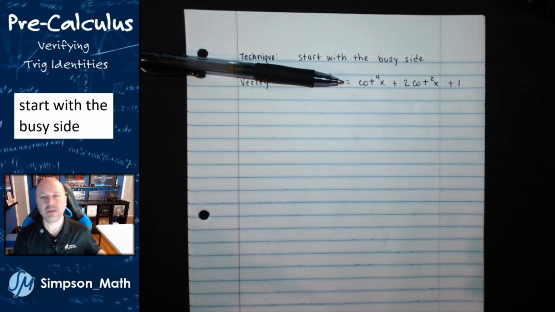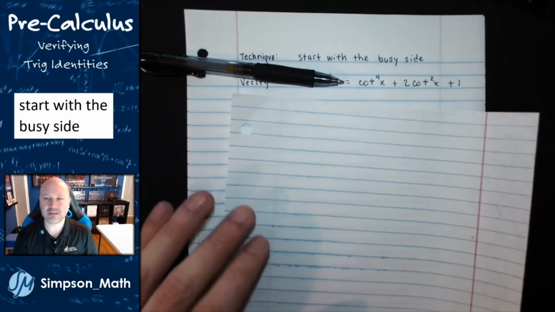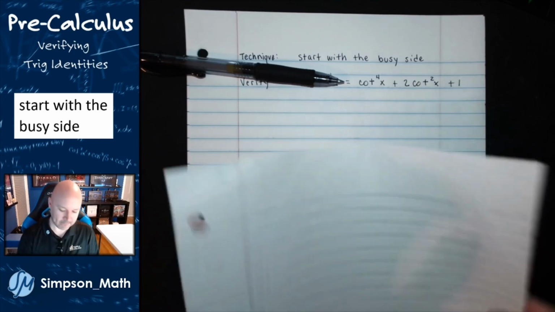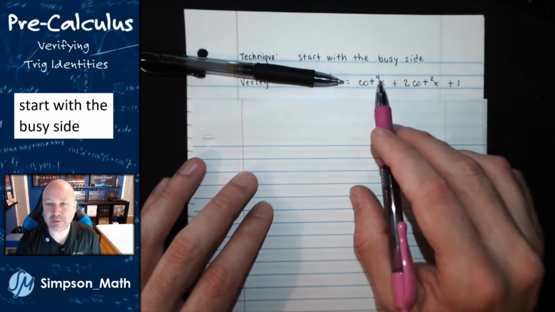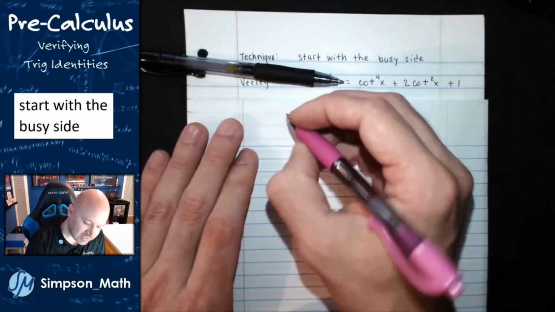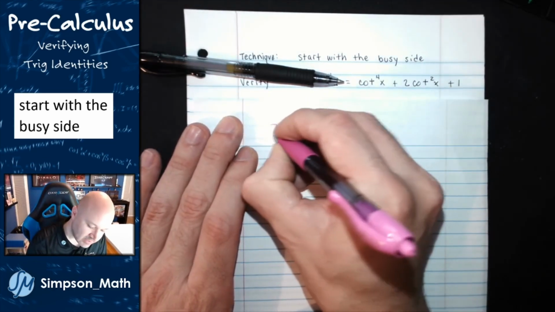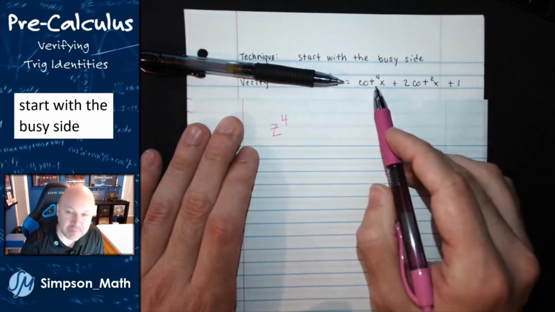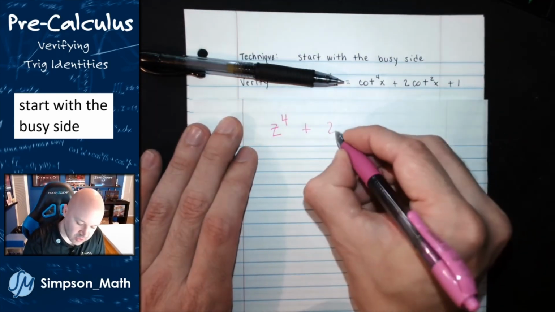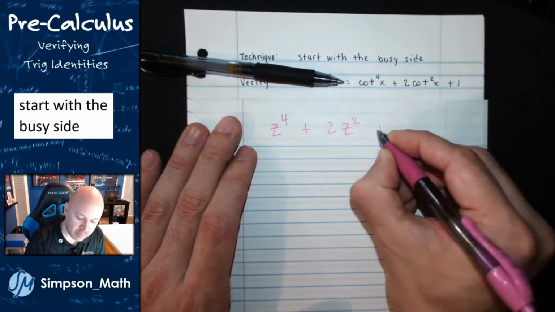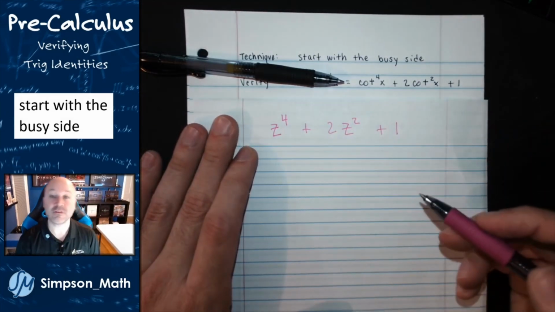In fact, let me rewrite this in another way. If you have cotangent of x to the fourth power, that's a lot like saying you've got something to the fourth power. And then you have 2 of those squared plus 1. So here's another strategy.